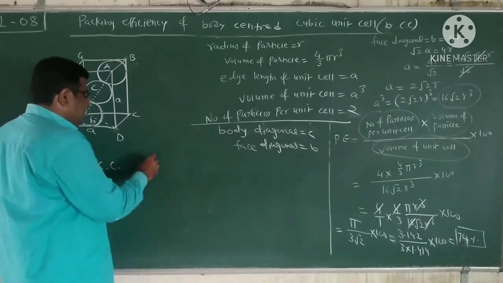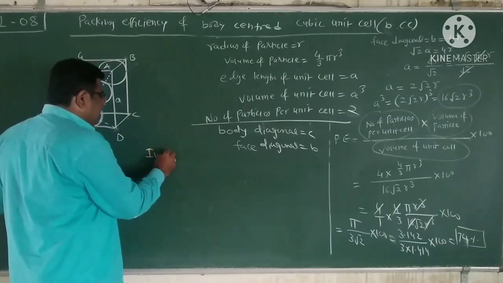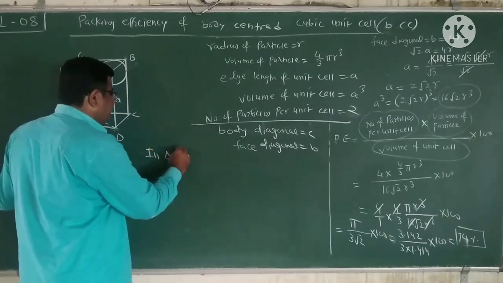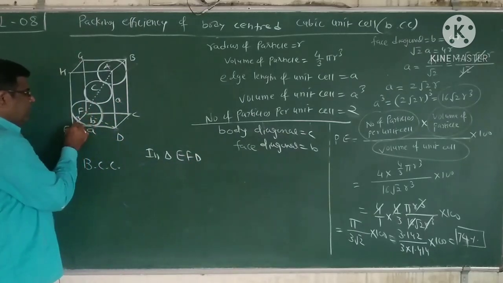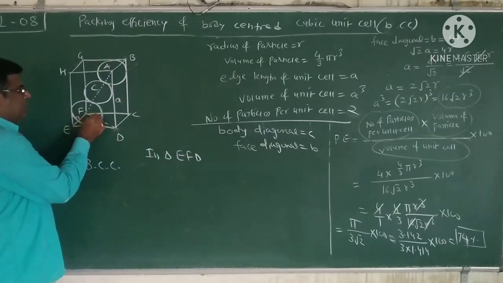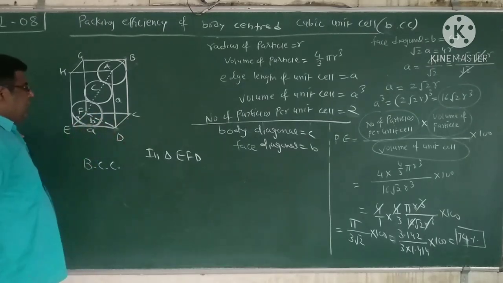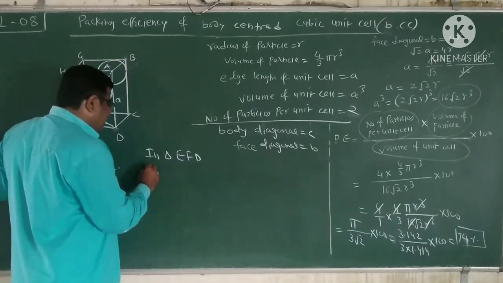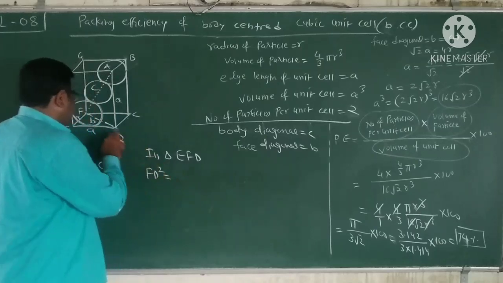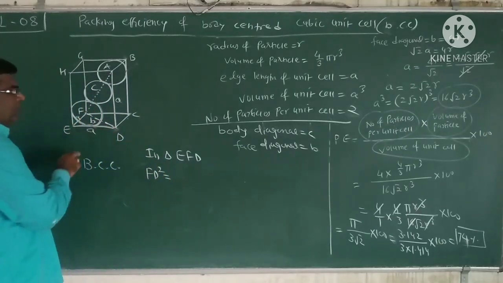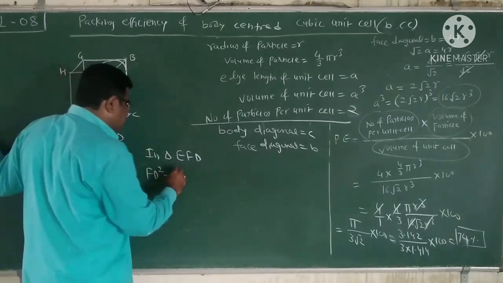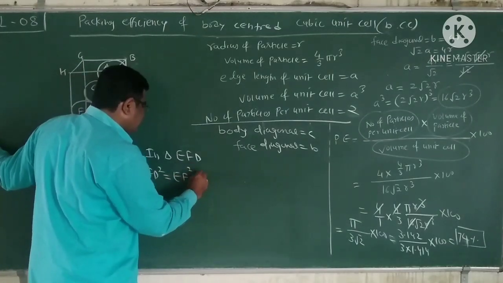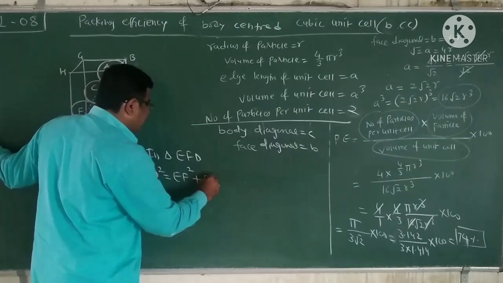So in triangle EFD, FD square, again by the Pythagoras theorem, because these are all right angles, is equal to EF square plus ED square.